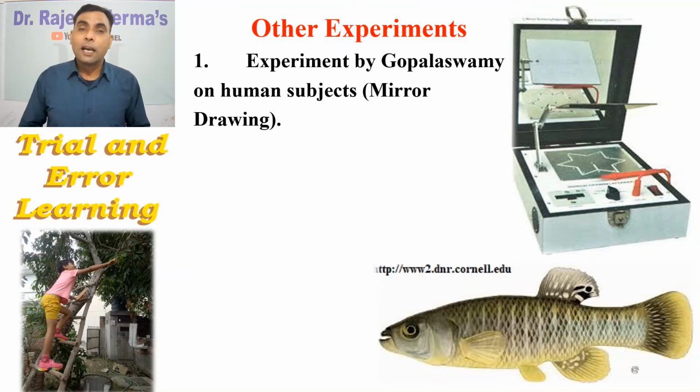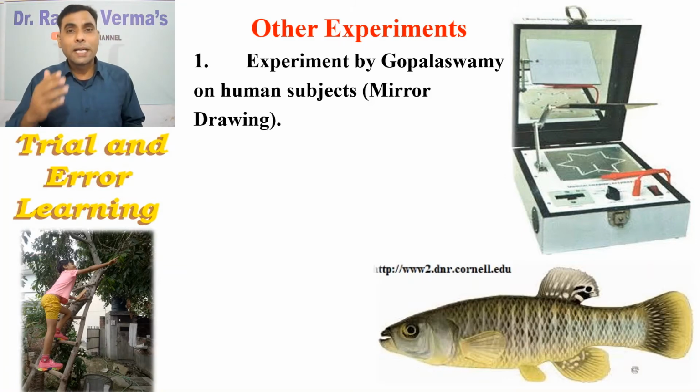And he found that those people who are efficient in higher learning, it correlates significantly with intelligence, and the same thing was not found with the lower learning. Means that in humans also the learning occurs through the process of trial and error. That was shown by Gopalaswamy using the mirror drawing experiment.